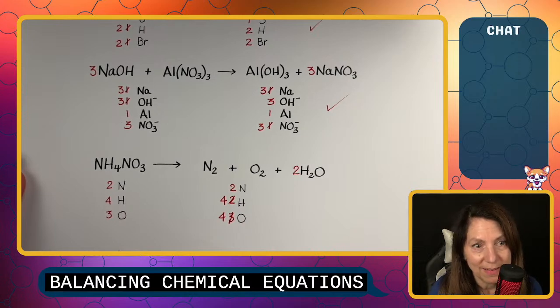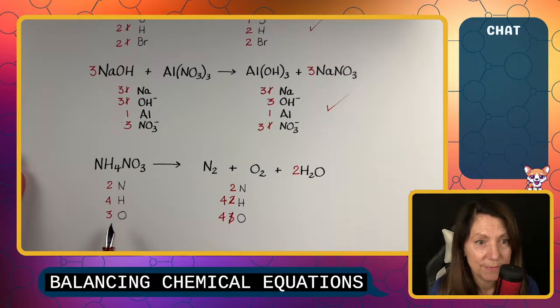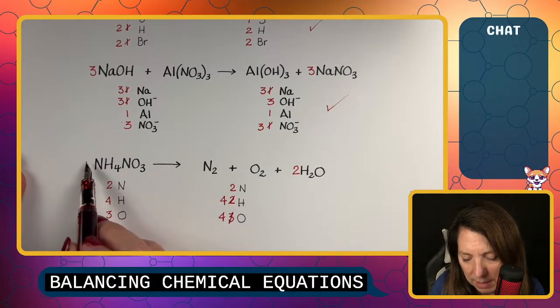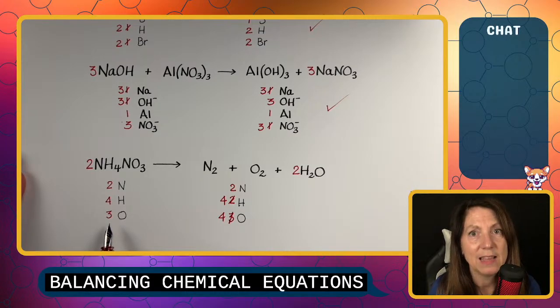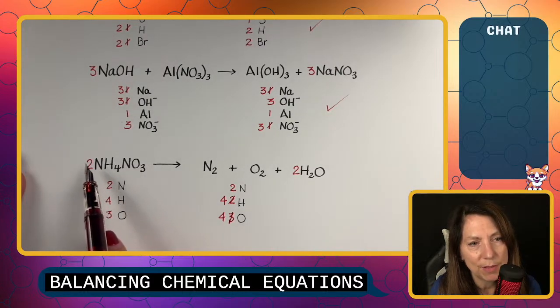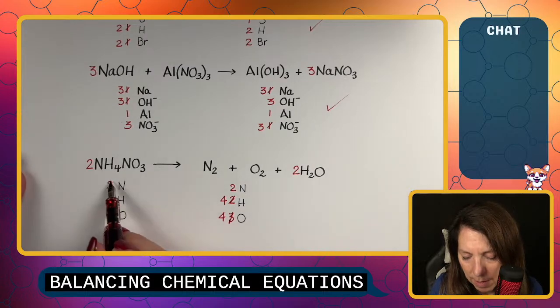Whenever you've got an odd number and an even number, my tip for you is to go to the side with the odd number and double it. Okay, so that will then cause this odd number to become an even number, and any even numbers will stay even. Okay, so let's now, after having put that 2 there, let's multiply through all of these by 2.